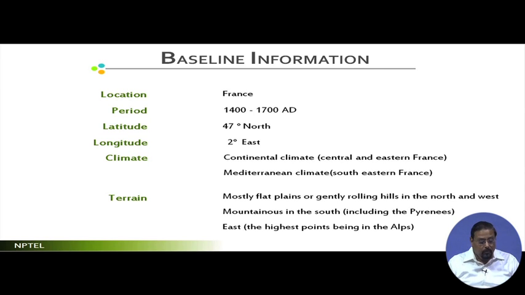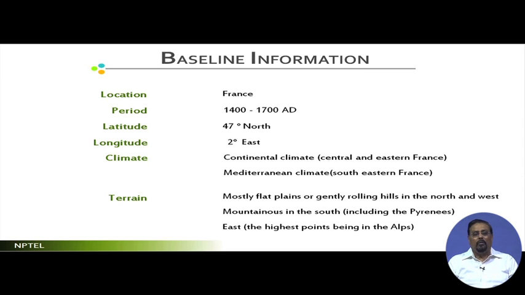The terrain was mostly flat or gently rolling hills. There are also mountainous areas in the southern part, and in the east we have the highest point, that is the Alps.